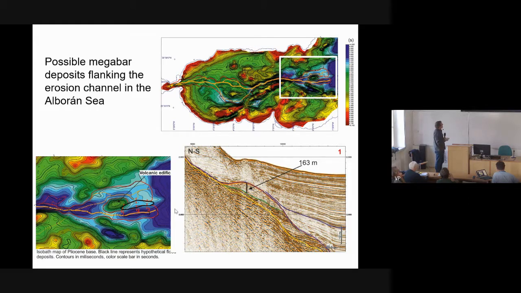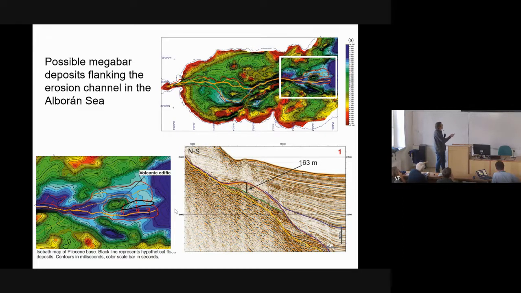And right behind, in the lee side of this volcanic edifice, we have this feature that has been dissected by 3 seismic cross sections that look like this.